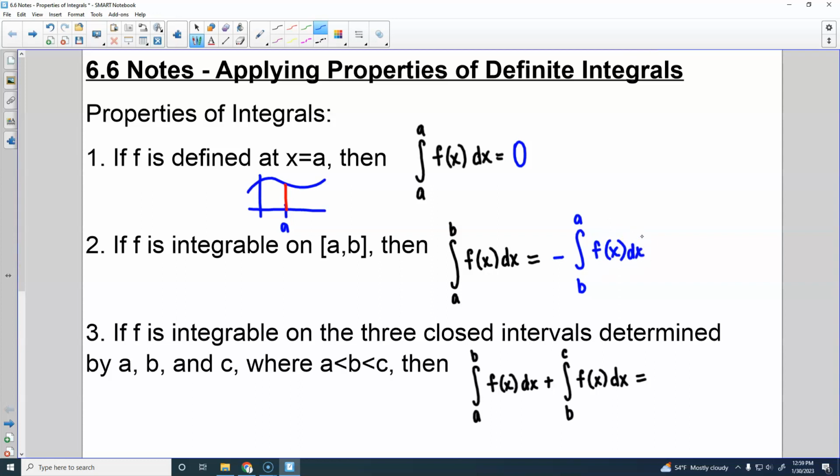So if we have the area underneath the curve from 3 to 7, if we switch our limits right here, then we're going to have to put this negative out front.